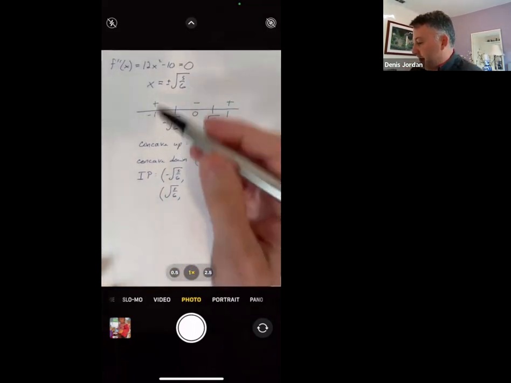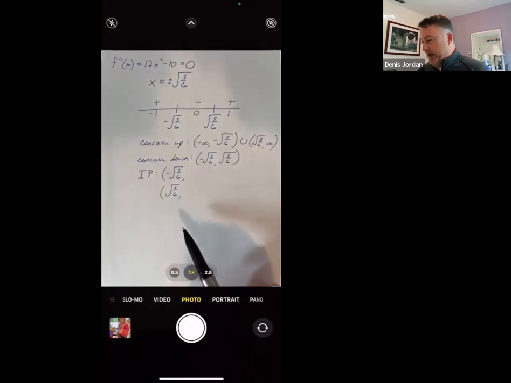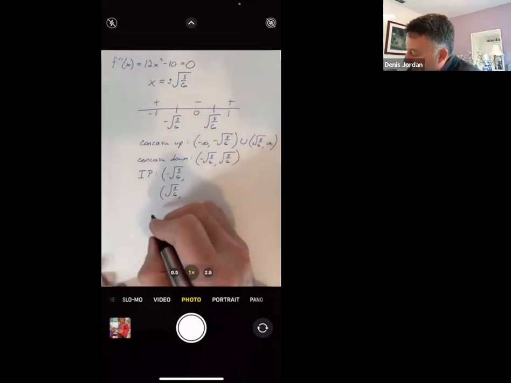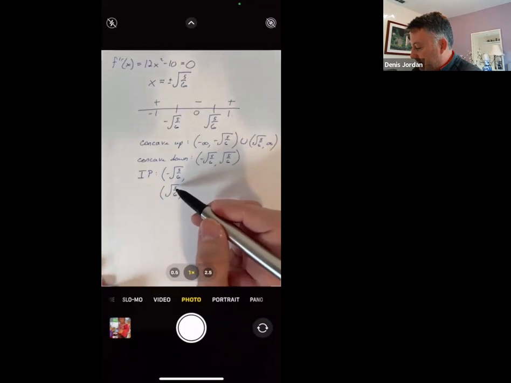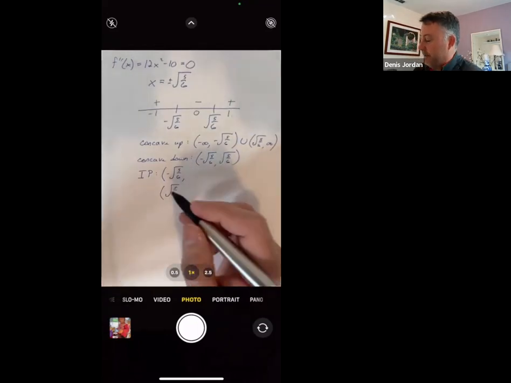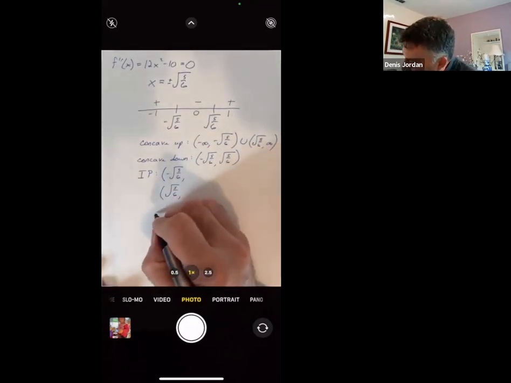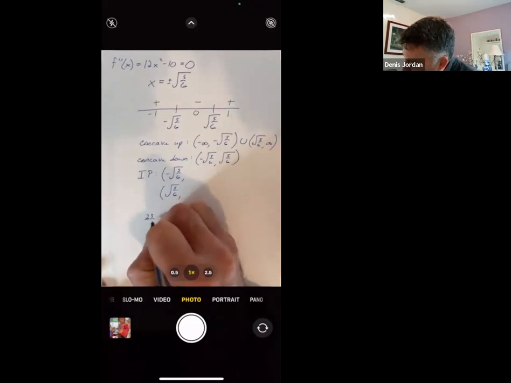Okay, so stick these back into your original function. If we raise that radical to the 4th power, that'd be 25/36.